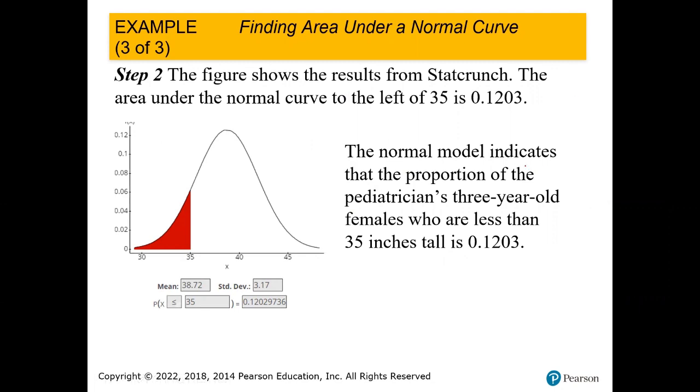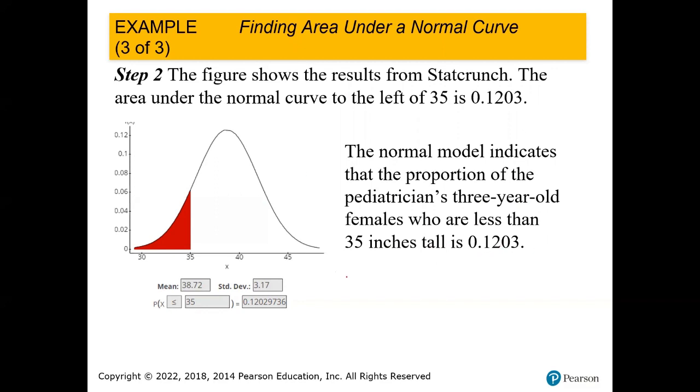So it indicates that the proportion of pediatricians' 3-year-old females who are less than 35 inches tall is 0.1203. And also remember, we could say the probability of selecting one of the pediatrician's 3-year-old females who are less than 35 inches tall would be that same value.